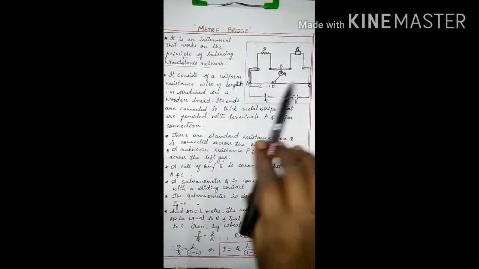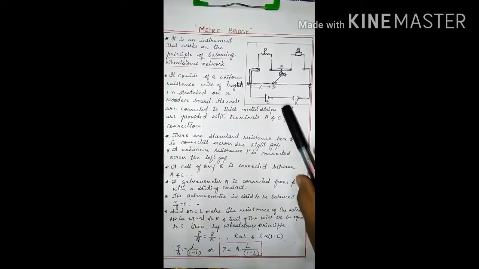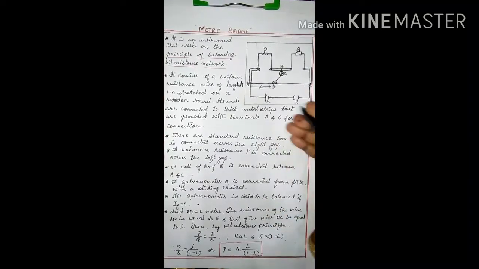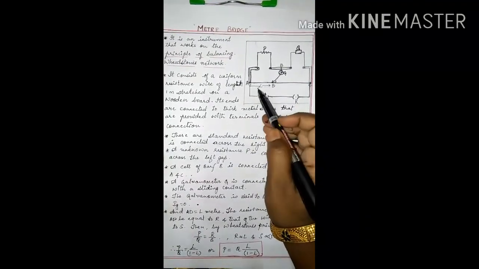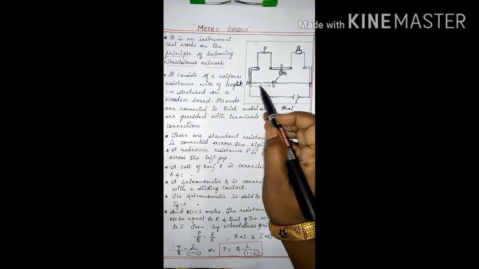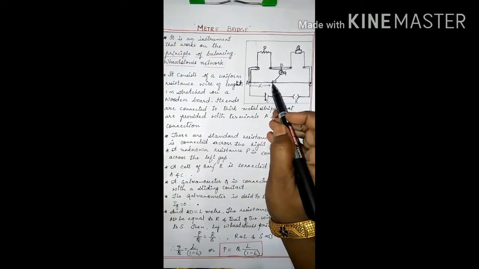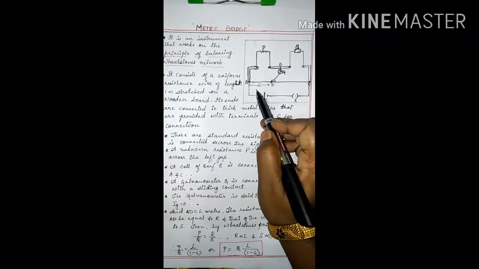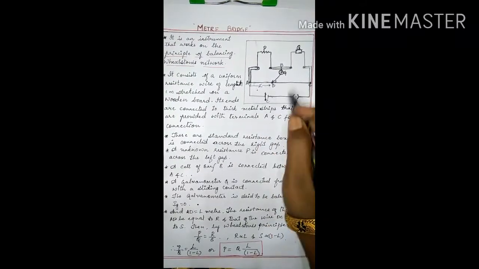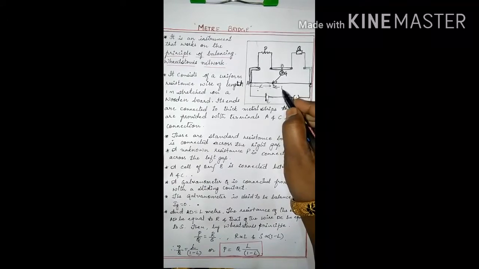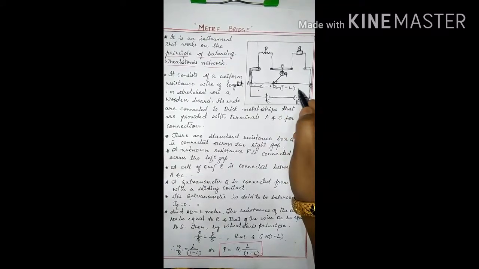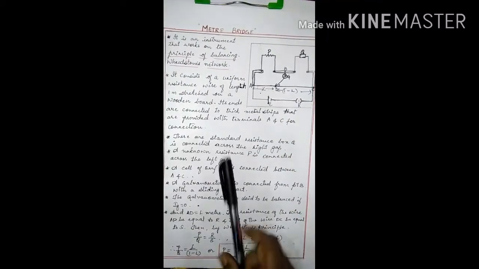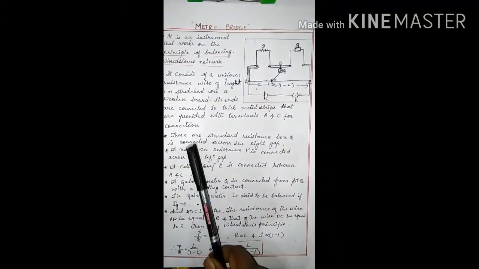This is known as the balancing length. Okay, so here in this 1 meter wire, before that balancing, this part is the third resistance and this one will be the fourth resistance. So this much will be 1 minus L. Okay, yes. So let us see here.